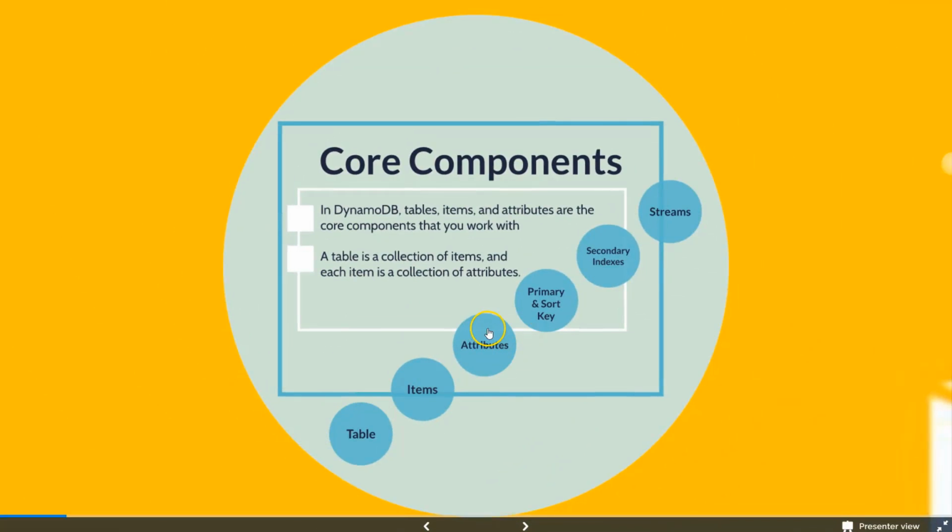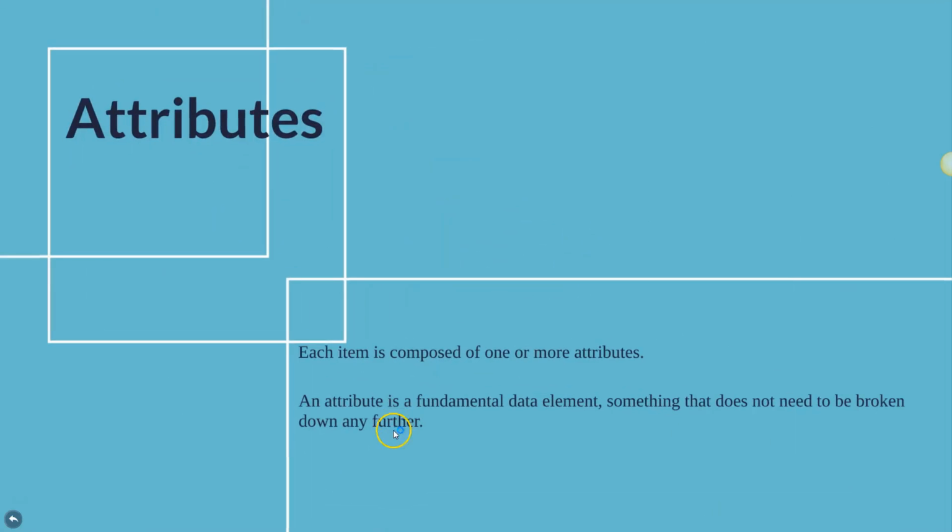Now let's see what is attributes. Each item is composed of one or more attributes. An attribute is a fundamental data element, something that does not need to be broken down any further. For example, an item in a people table contains attributes called person ID, last name, first name, and so on.